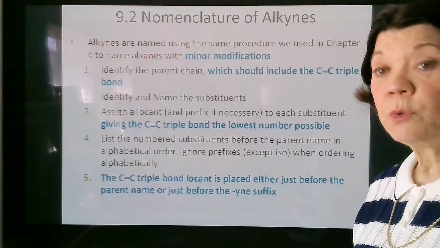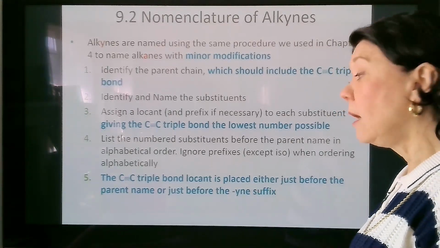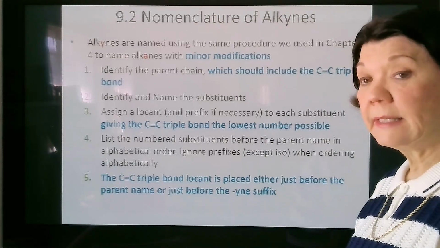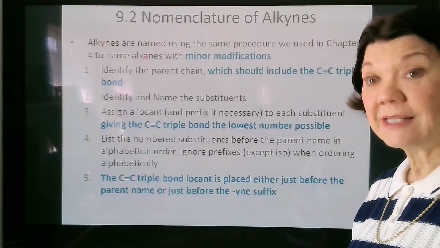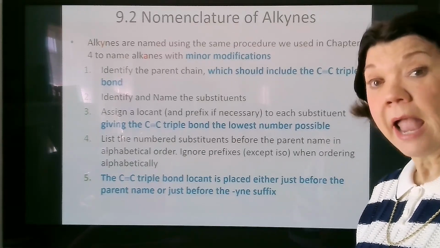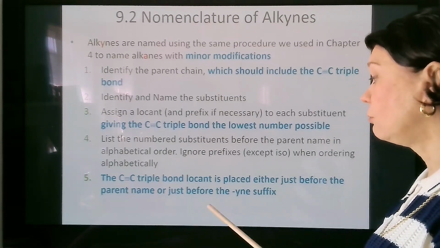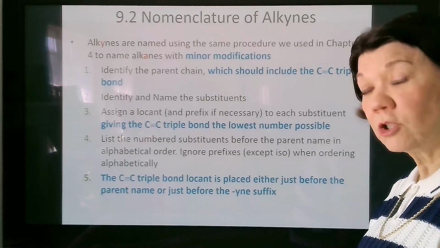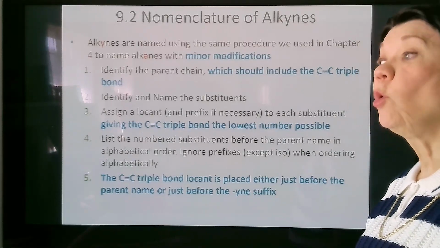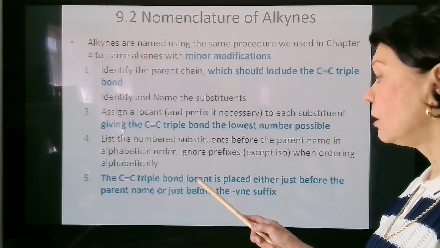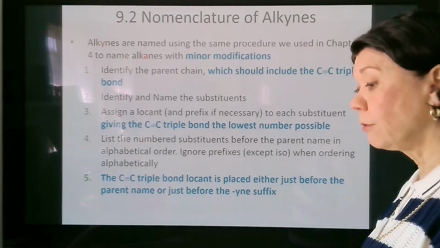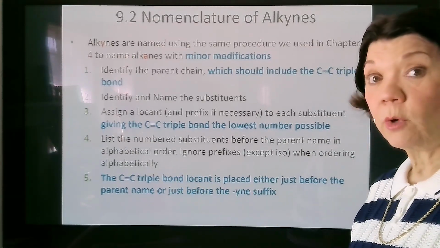I would urge you to learn it so that you're placing it just before the YNE suffix, although you'll have to be able to recognize it either way and know that it can happen either way. Because when you start to have multiple functional groups, you will be forced to put the locant for the triple bond just before the YNE in order to avoid confusion.